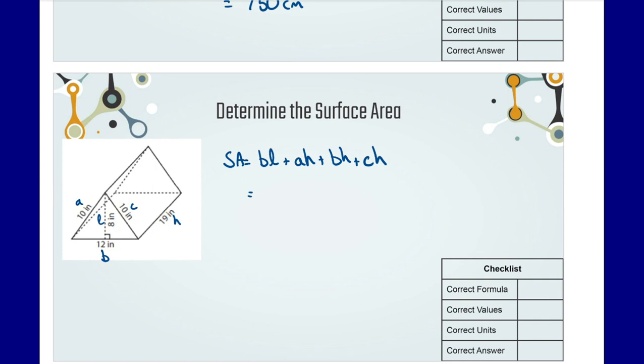So I'm just going to go through. We have 4 different faces. We're multiplying, well, a few more than 4. We have 5, but because when we have 2 triangles, we don't divide by 2 anymore. So base times length, so 12 times 8 plus 10 times 19 plus 12 times 19 plus 10 times 19.